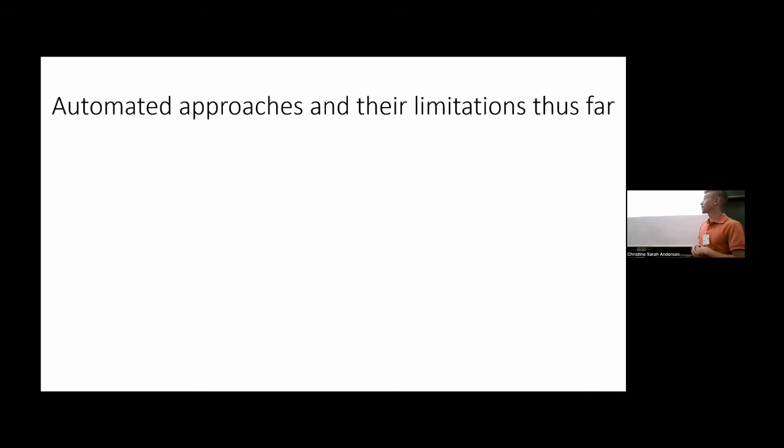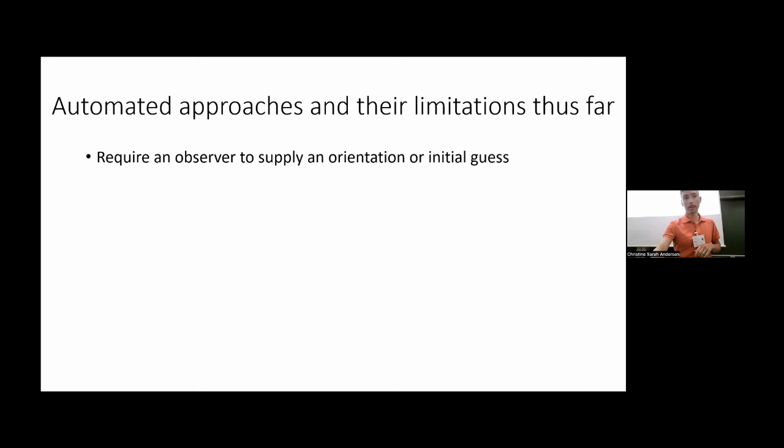So that's what I'm going to talk about. People have of course been working on automated approaches for a long time. There are a lot of good ones in 2D analysis, but it gets more challenging when we come to 3D.